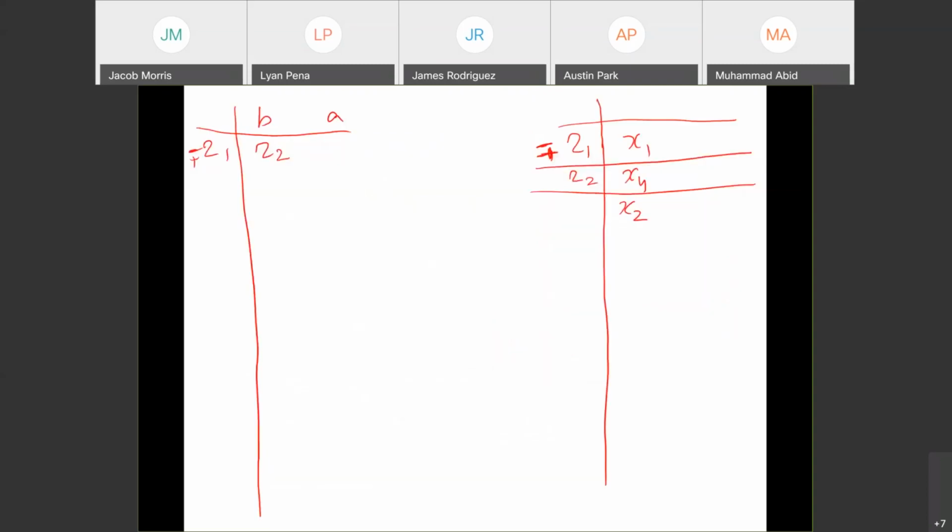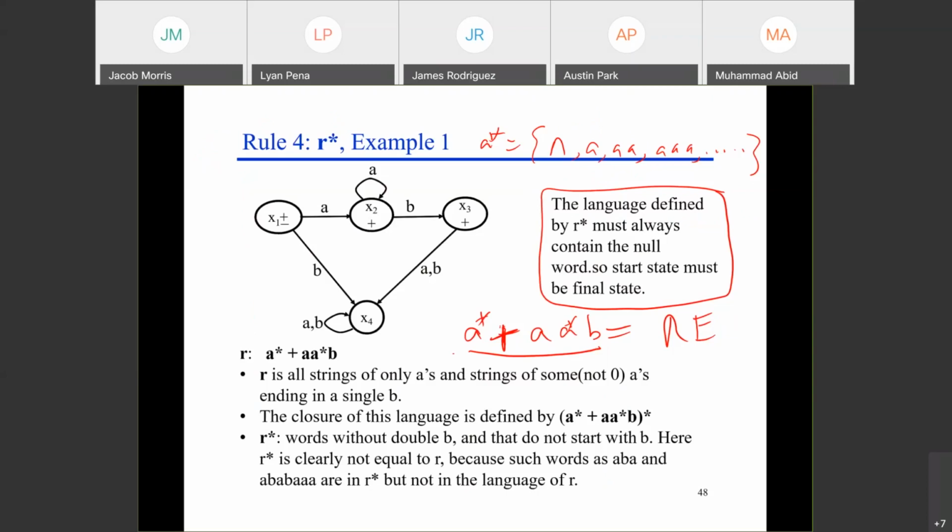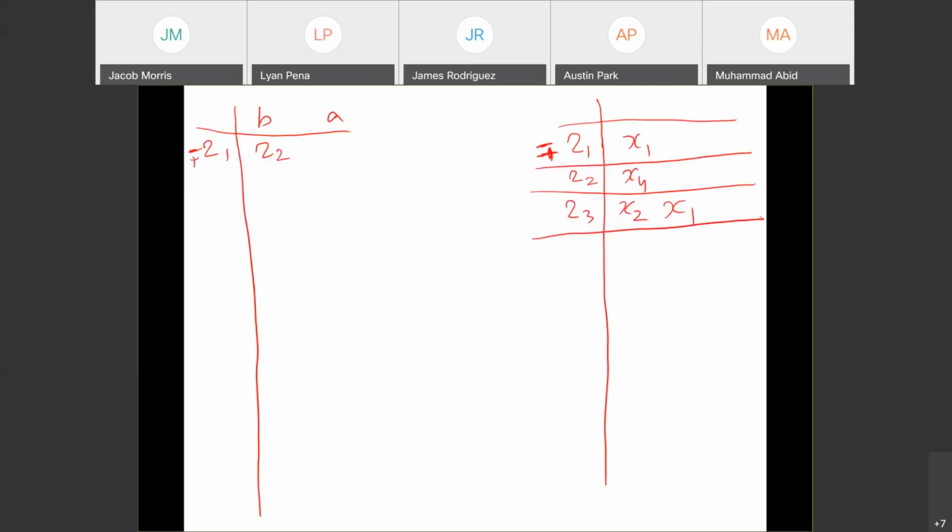So whenever you reach x2, you also consider the start state x1 with it. We don't have this combination before, so this is z3. If any one of them is final, z will be final. X2 is final here, so z3 will be final. Now we can say that when you are at z1 and you receive a as input, you go to z3. So we checked this x1 for a and b.